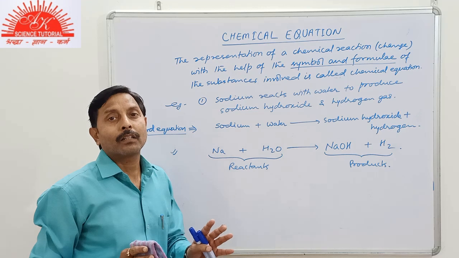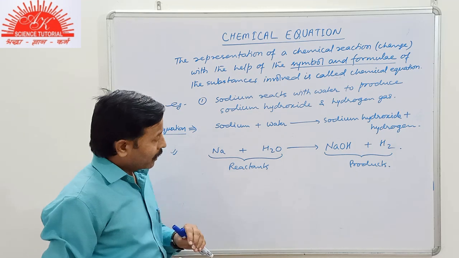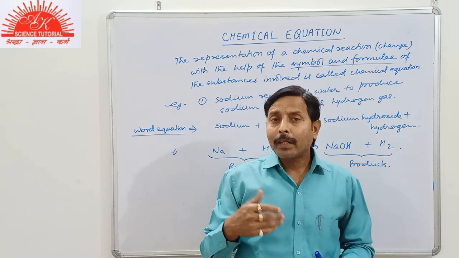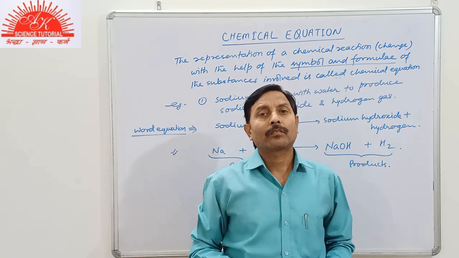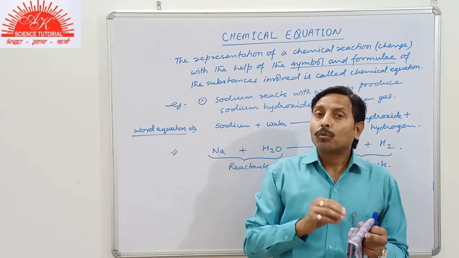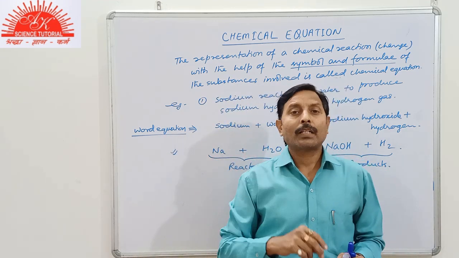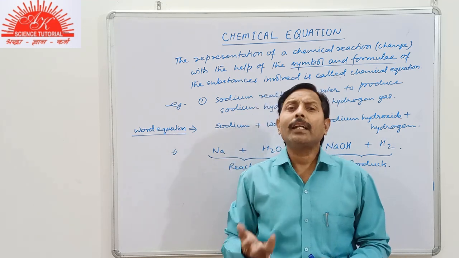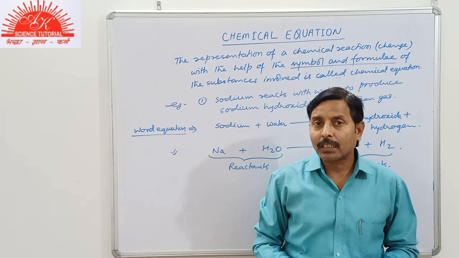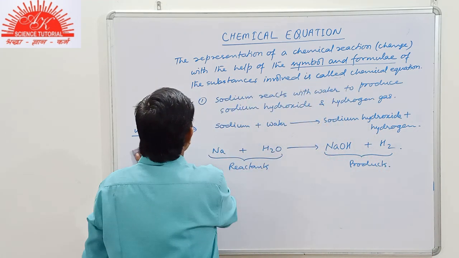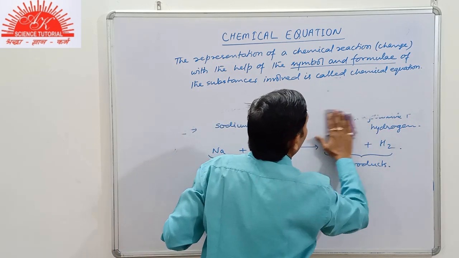Now clear, students? Now you see, in a chemical reaction there may be one reactant and two or more products, two reactants and one product, two reactants, two products, and so on. It depends upon the type of chemical reaction. Like, suppose we take some examples.